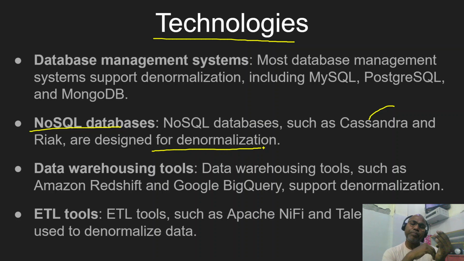But initially, when database management systems started with relational databases, the initial objective was to maintain data integrity, so we had to ensure proper data normalization and avoid data redundancy as much as possible. But NoSQL is just the opposite.